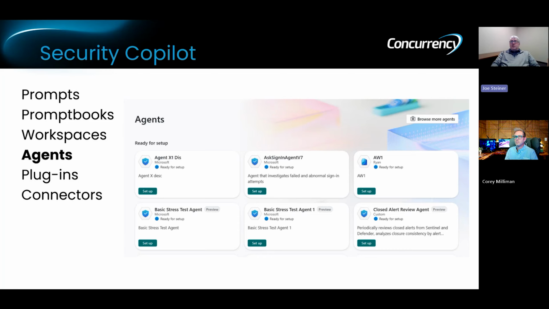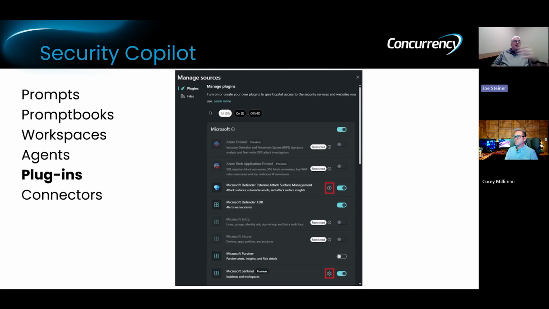You can build your own agents and provide different connectors, flows, and functionality, and help tune that for specific use cases. The plugins, again, are where you really have those connectors. You can have plugins for Defender, for Purview, for Sentinel, for different elements within Azure Firewall, a host of different things.